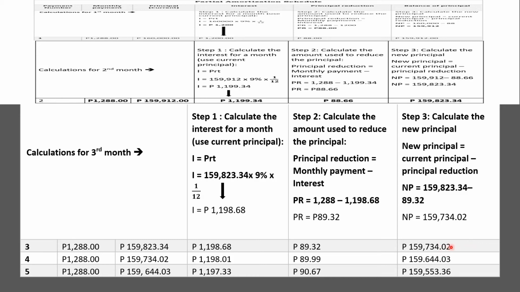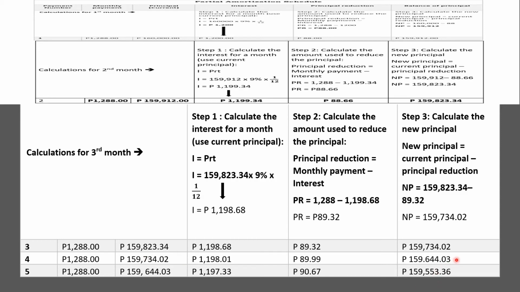Okay, so as you can see, the new principal balance in every payment became the current principal for the next monthly payment. So 159,734 and 2 centavos became the new current principal.